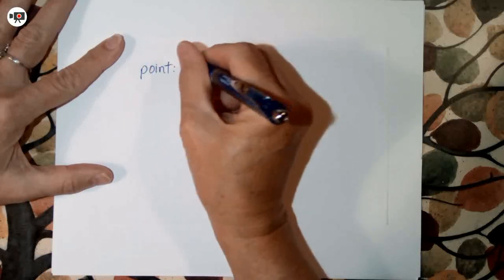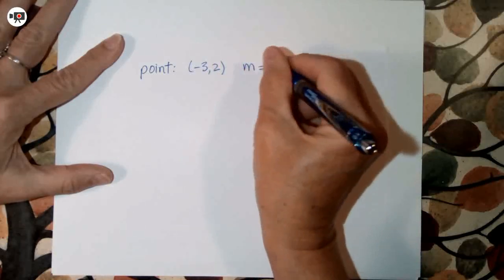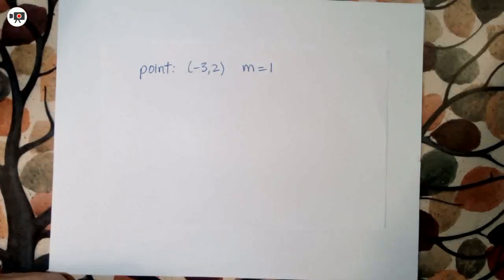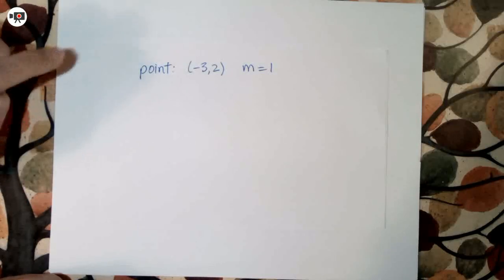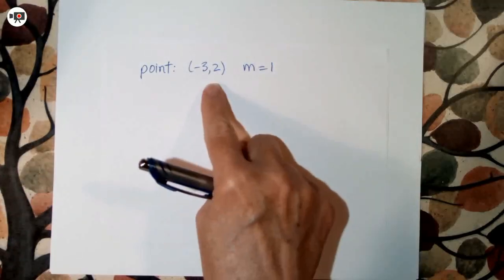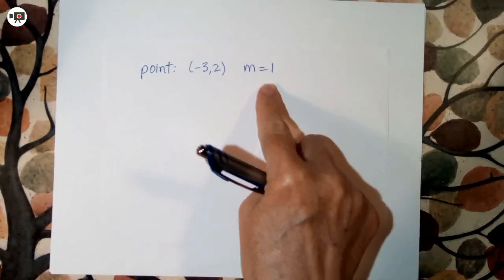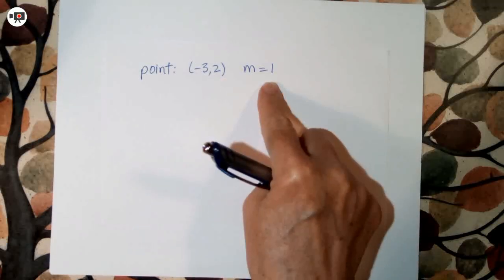Say we have the point -3, 2, and a slope of 1. And I want to write an equation from that. Like I say, if you want to be super geeky about it, you can figure out how to do that straight into standard form. I'd recommend that you use the most obvious way: I got a point, I got a slope, I should use the point-slope form.